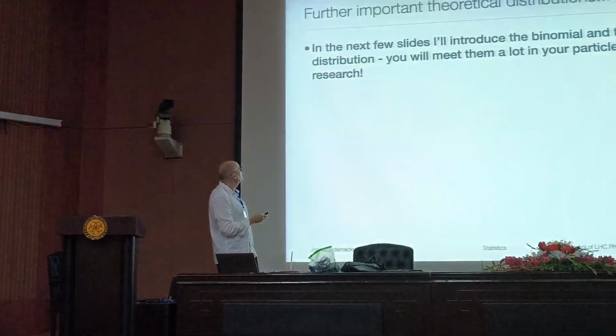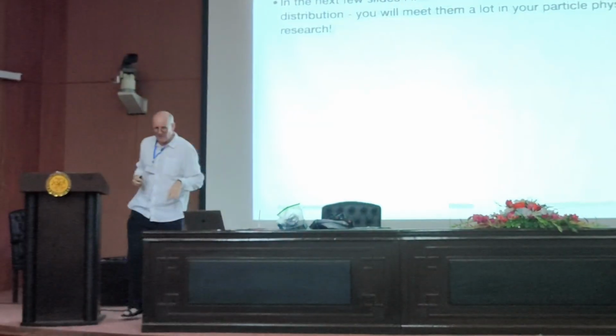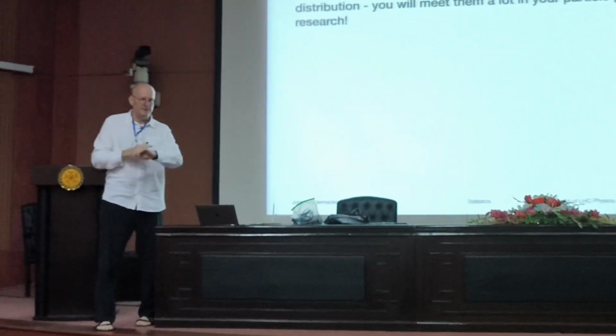Anyway, so after this, this is what I wanted. I wanted a little bit of an intermezzo before I change topic. And I'm going to rush through this a little bit just to make sure we have time at the end for the bit that I find important. I'm going to introduce you to two further distributions.